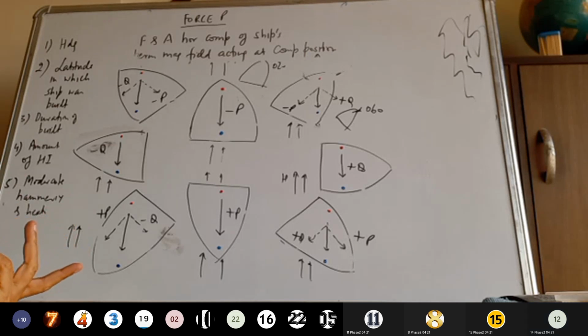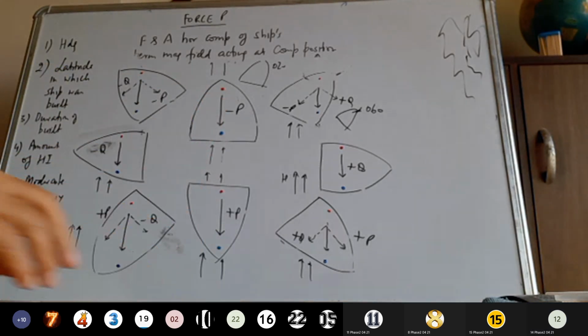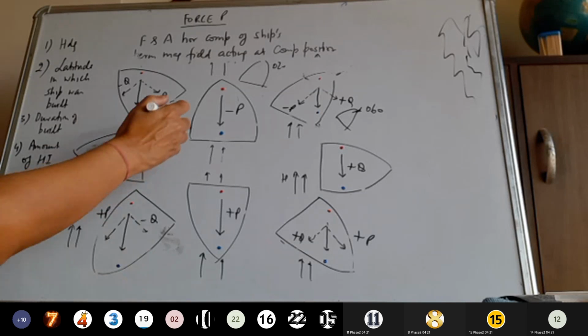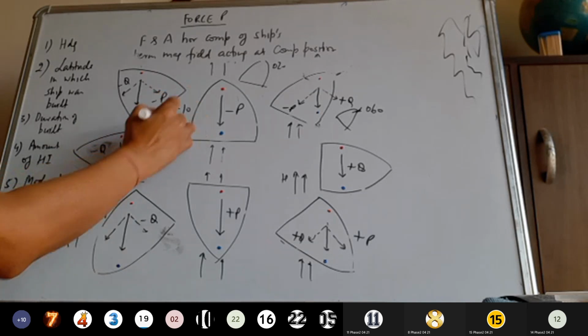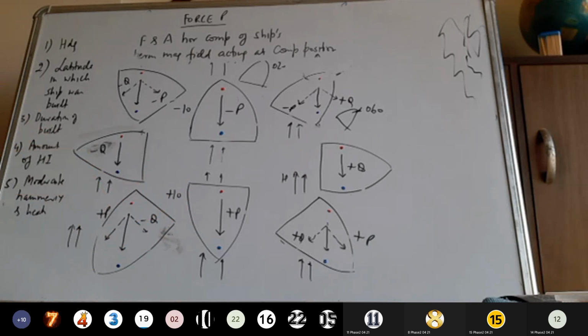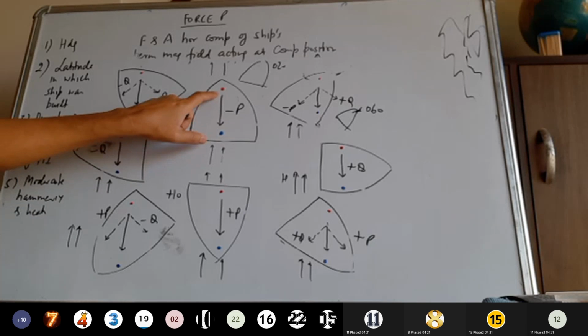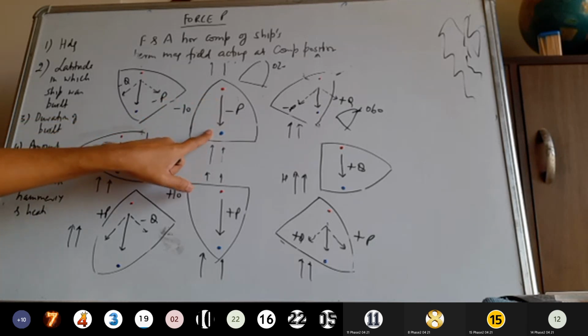No, sign is only a negative sign. See, let us say here it is minus 10. I'm just giving you some value of minus 10, and here it is plus 10. But it is the sign which is changing. So minus is only saying that this is force acting towards stern.